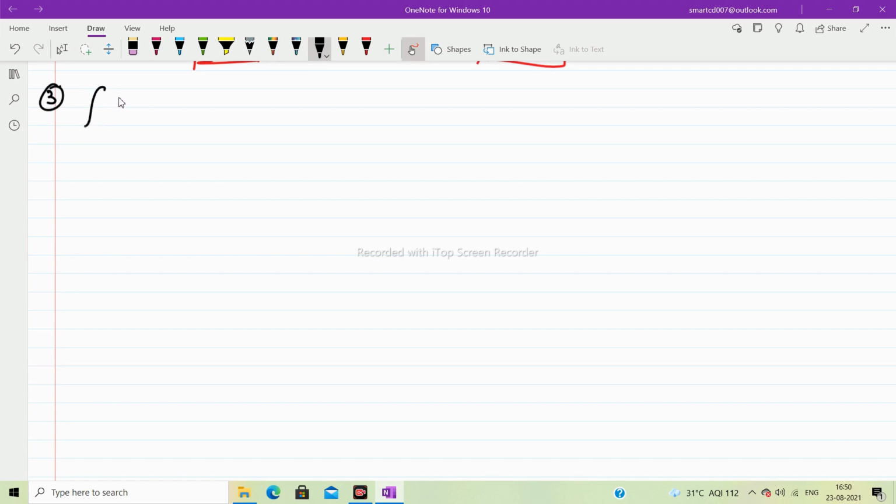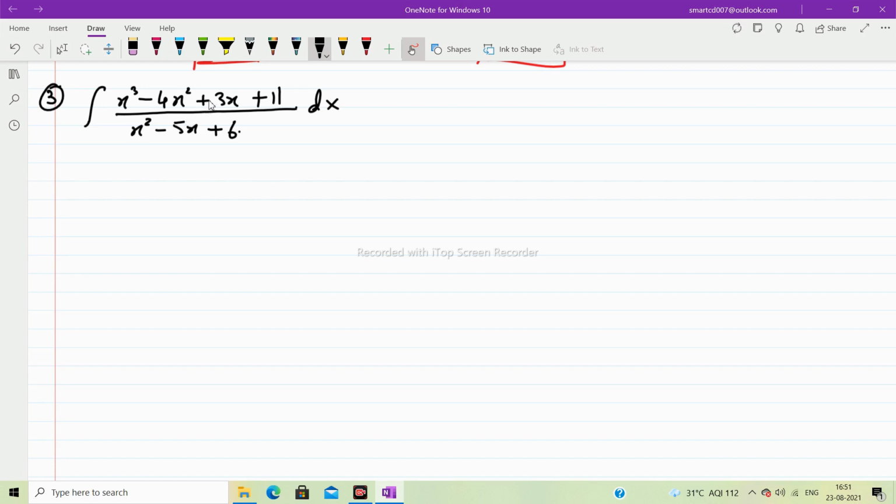So we have (x cube minus 4x square plus 3x plus 11) upon (x square minus 5x plus 6) dx. If you want to integrate this one, you can clearly see the degree of numerator is 3 and degree of denominator is 2. Whenever such a thing happens, you cannot use partial fractions unless you do long division.